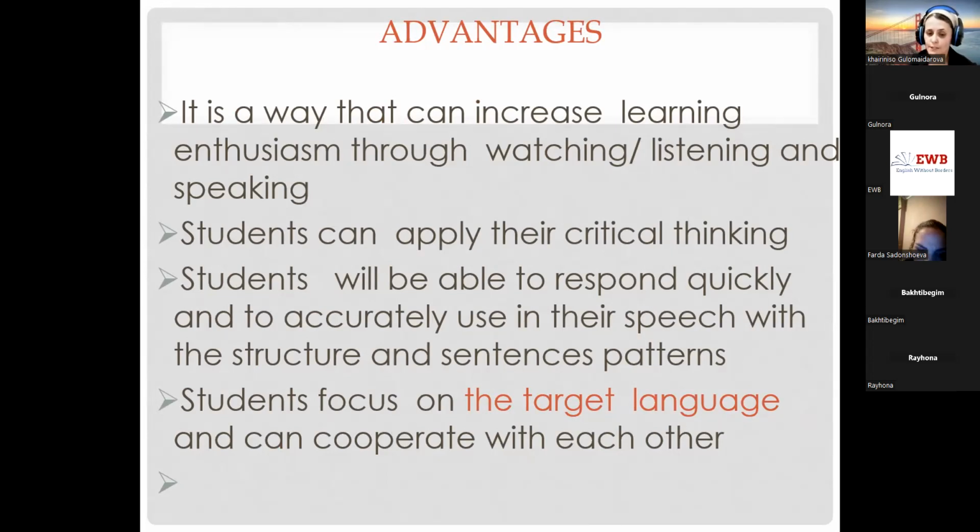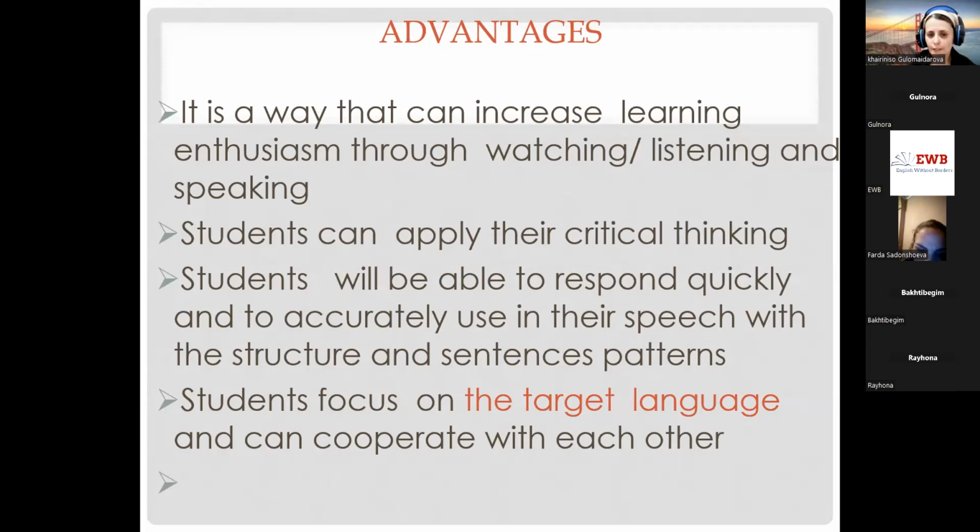When you are eliciting the questions, they listen to you and at the same time speak with you. Mostly it is teacher-centered, but it's up to teachers. If you want your class to be student-centered, you can smoothly transfer to that stage. For example, you just elicit and motivate them to speak.